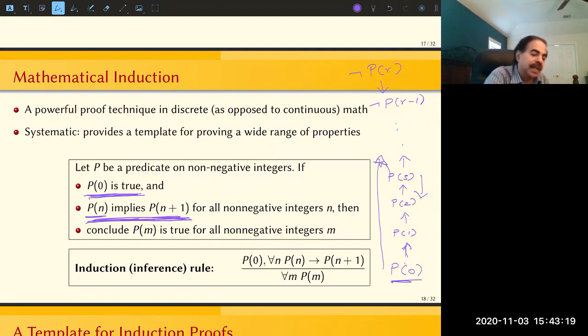So essentially we say, suppose not P of R, then not P of R minus 1, and so on. So essentially P does not hold for anything, okay? So this is why well-ordering proofs are like a mirror reflection of induction proofs, okay? So we'll come back to this point later on.